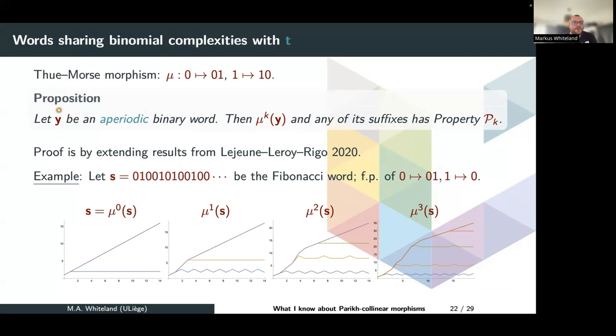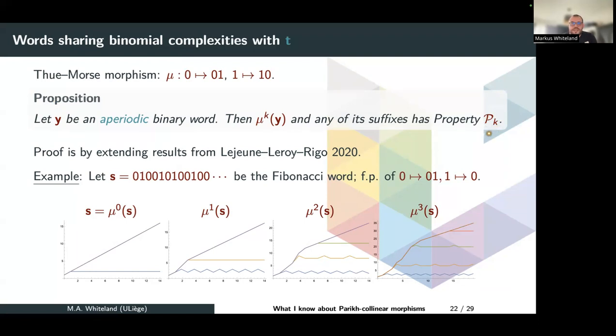Here's a partial one direction that we can generalize of the previous theorem. It says that if you take any aperiodic binary word and you map it k times with the Thue-Morse morphism, then it will have the same binomial complexity functions as the Thue-Morse word.